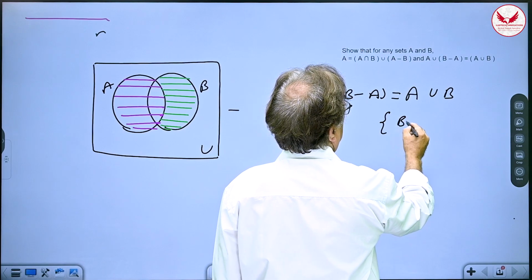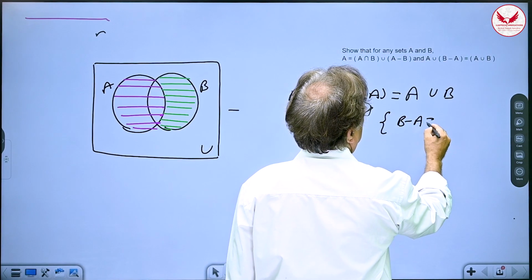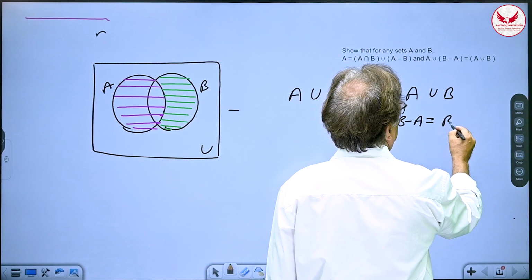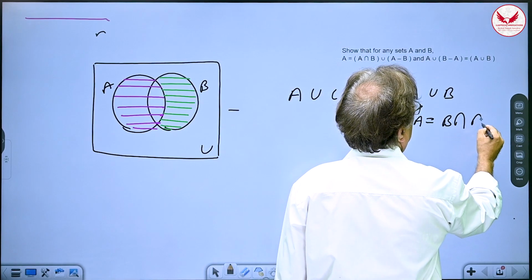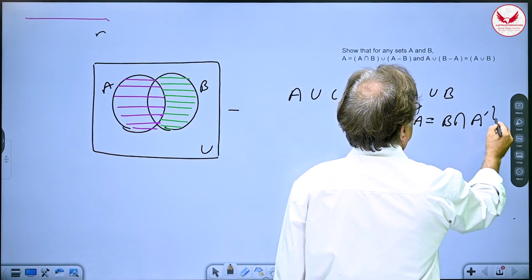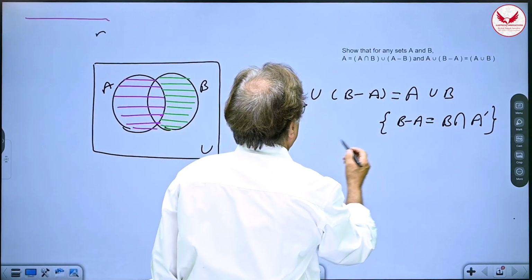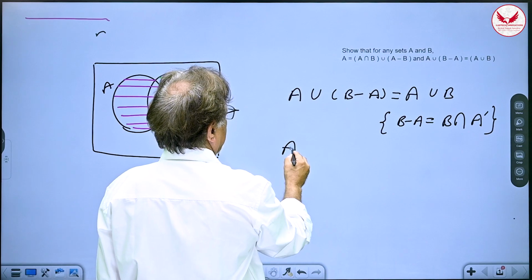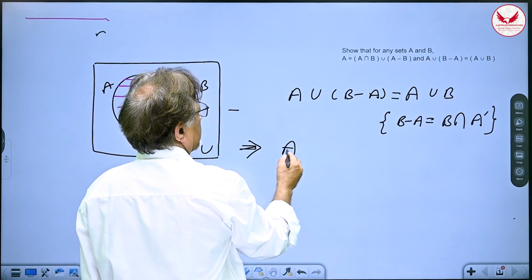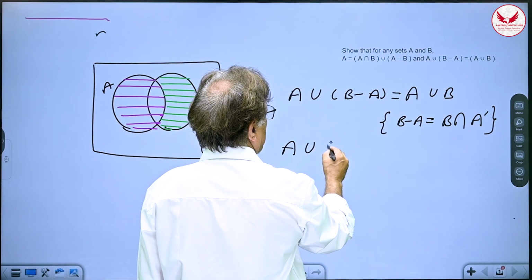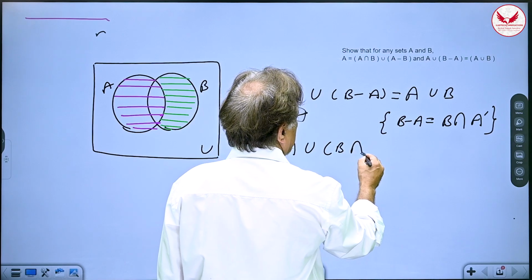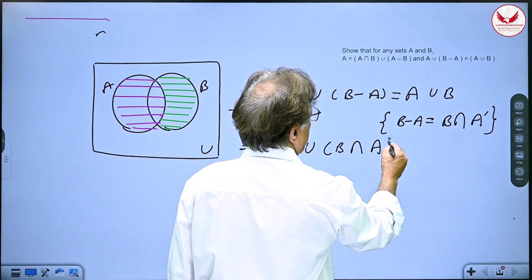What is B minus A? B minus A is actually equal to B intersection A complement. So I'm going to replace this B minus A by this identity. So this implies A union B intersection A complement.